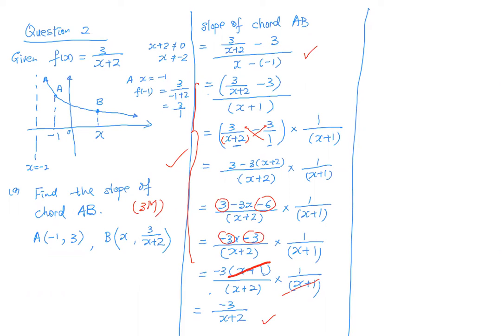Part B, I'm not going to give you 2 marks only. I will say, hence. The word hence means you have to use whatever information you have in part A. Hence, find f prime -1 by using first principle.